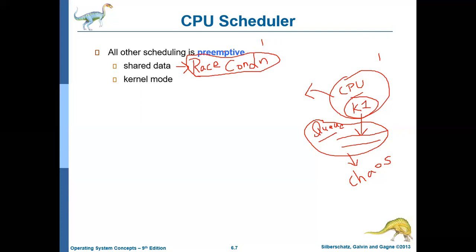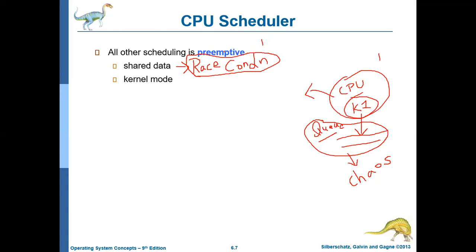To avoid that, most operating systems, if the kernel data structures are inconsistent during a context switch, will not perform the context switch. They will wait for that particular system call to complete, and to ensure that the kernel data structure is consistent, and then they will go for the context switch.